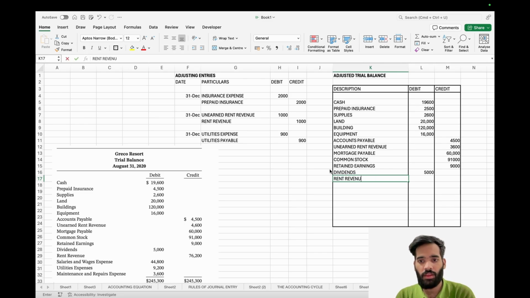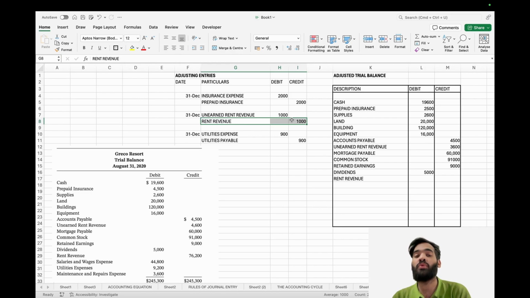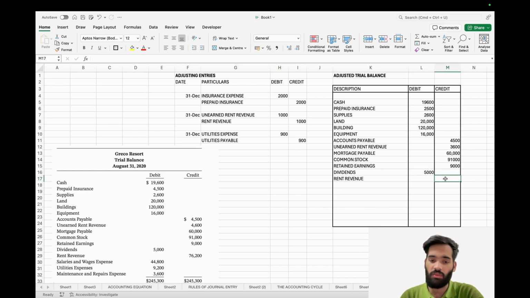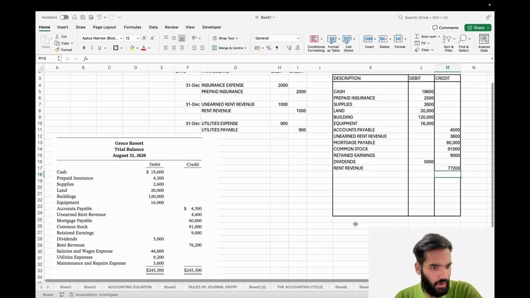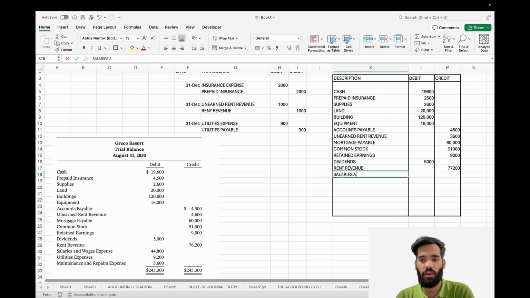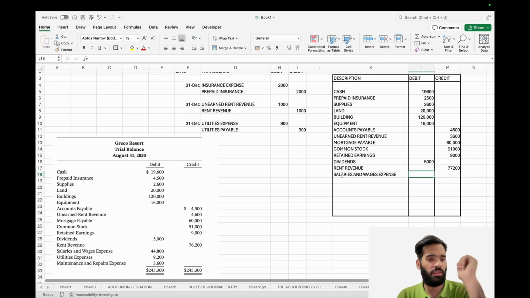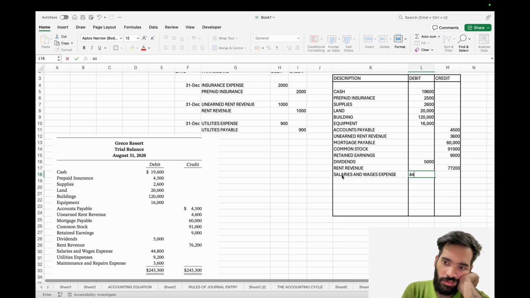Rent revenue, this one is affected. If you notice, rent revenue is being credited. That means revenue is going up. So if we already have 76,200 and it's going up by 1,000, that means the new balance will be, there you go. After rent revenue, we have salaries and wages expense, which amounts to, in this case, 44,800.